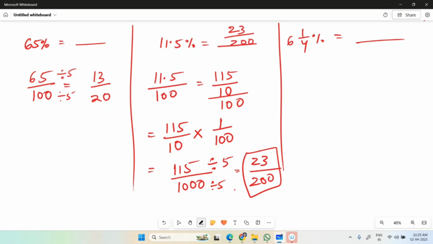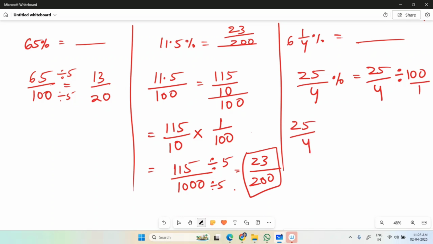Now a mixed fraction percentage: 6 1 by 4 percent. 6 1 by 4 is a mixed number, so let's convert it into an improper fraction first. 6 times 4 is 24, plus 1 is 25. 25 upon 4 percent can be written as 25 upon 4 divided by 100. 100 can be written as 100 by 1 and we are reciprocating again, so 1 by 100.